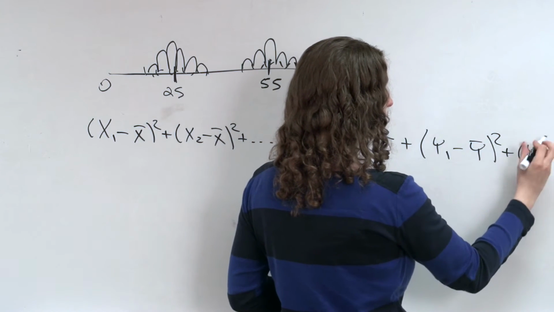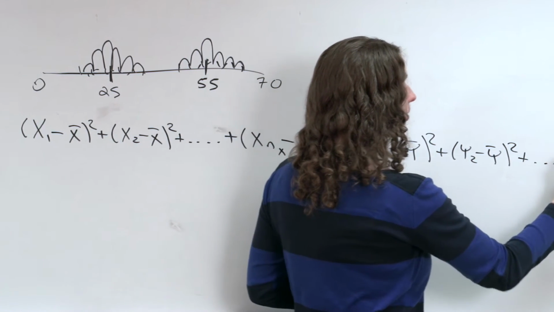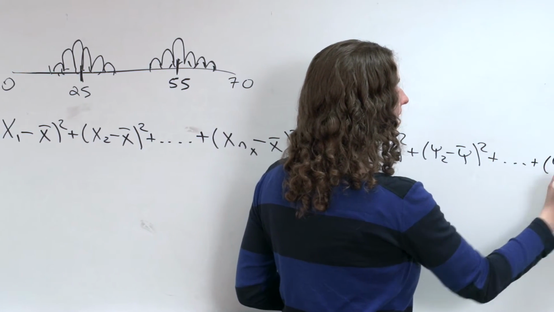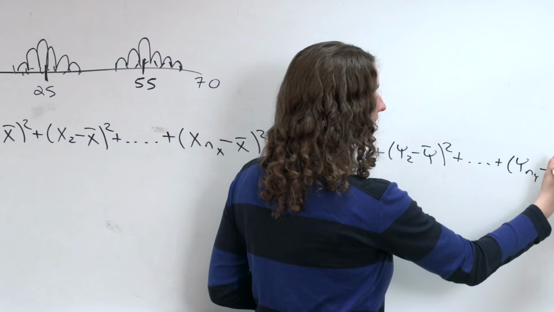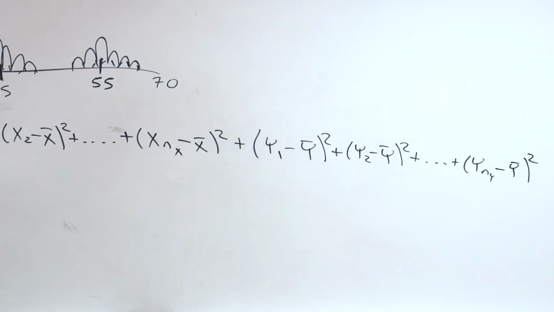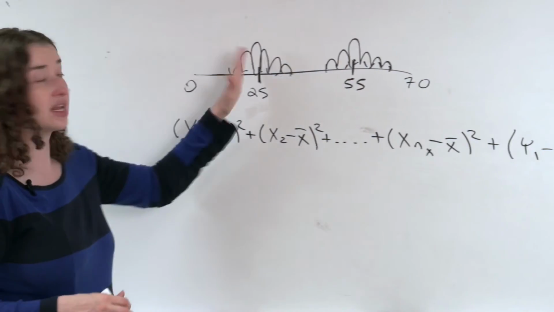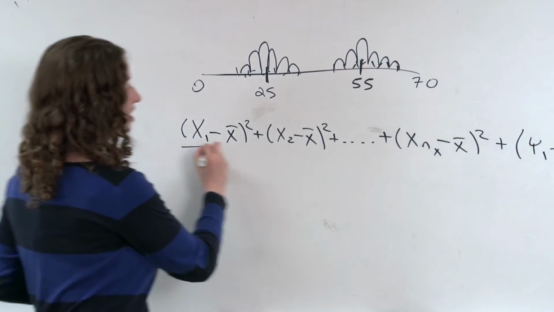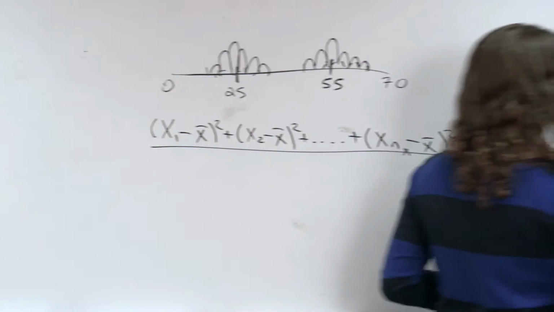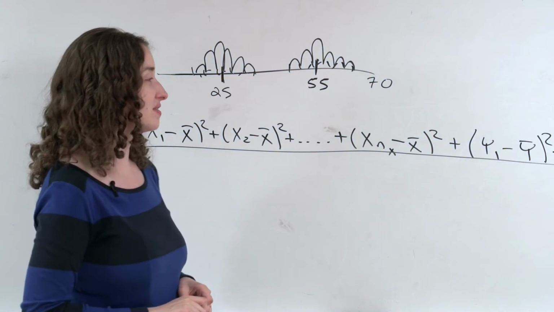And let me take the second value in the Y group, subtract y bar and square it. All the way up to the nyth value, where ny is just the sample size in the Y group, and square it. So now what I have is the sum of the squared differences between each value in my whole data set and the mean in their own group. And I'm going to take this whole thing and divide by how many numbers there are. I'm sort of going to take the mean of these.